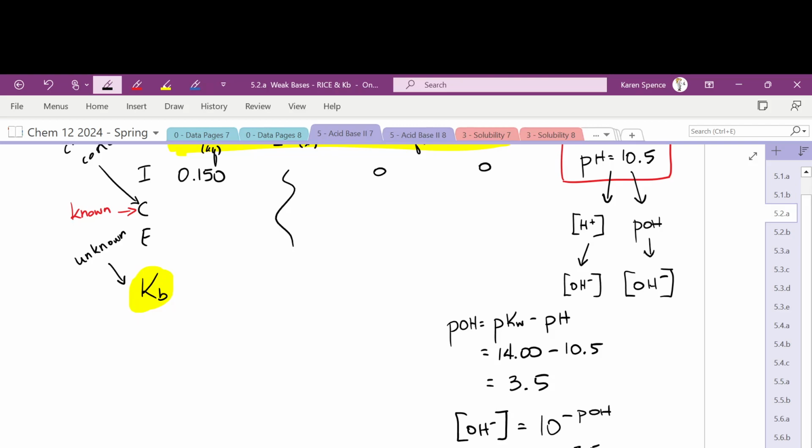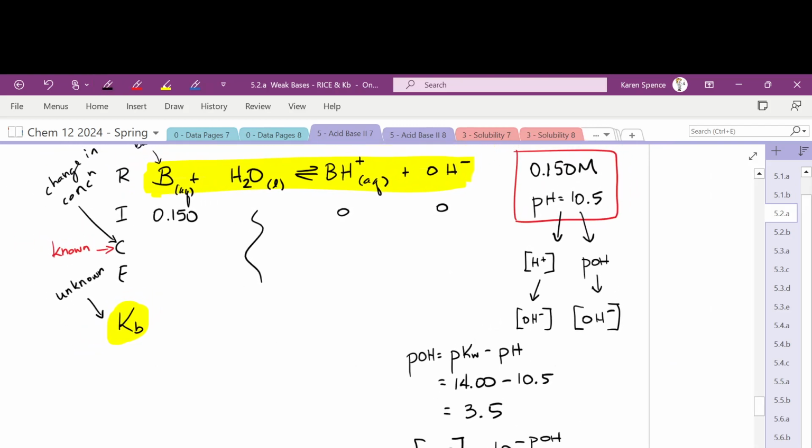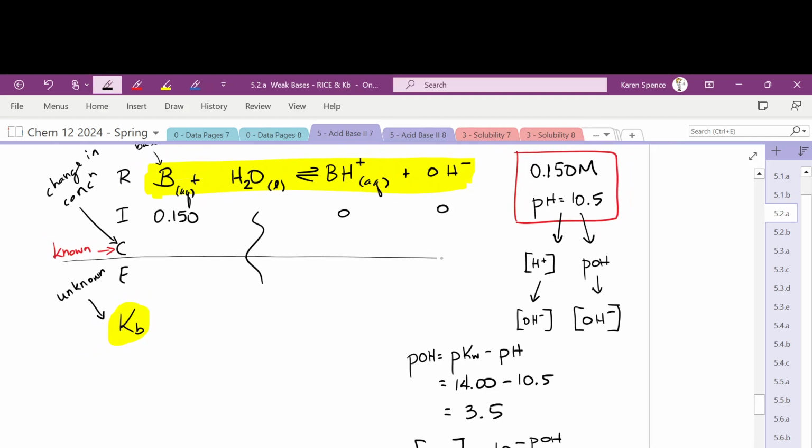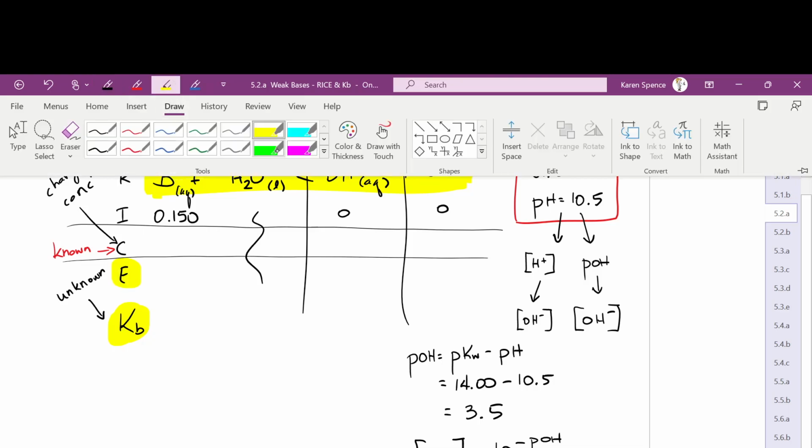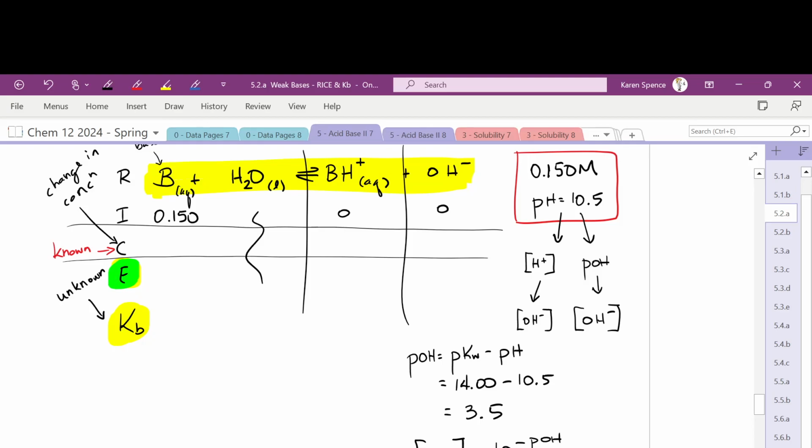Where does that value go in your RICE table? Yeah, it's the equilibrium concentration of hydroxide. Obviously, it's not the initial concentration because the initial concentration is 0.